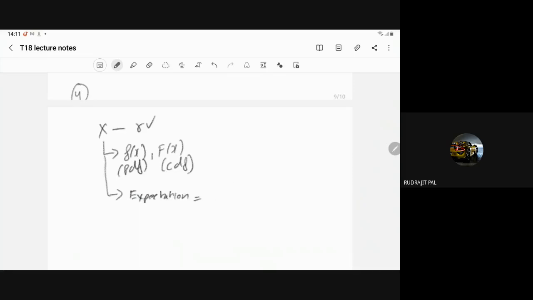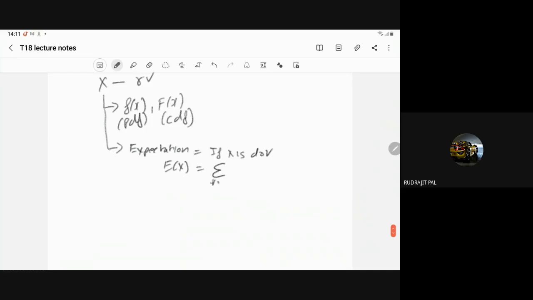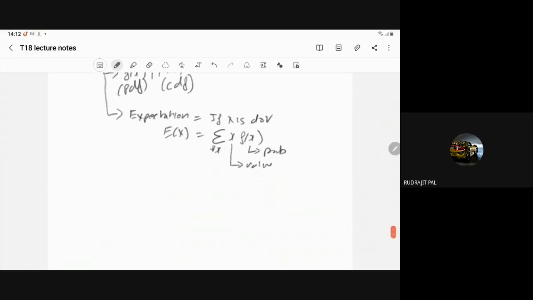Expectation, in case of a discrete random variable, if x is a discrete random variable, then expectation of x is the summation for all x of x into fx, right? Value into probability. So for the layman, you can say it is the value into probability.